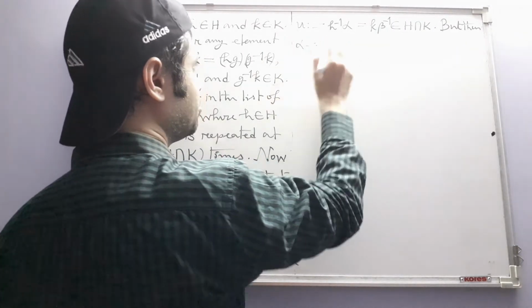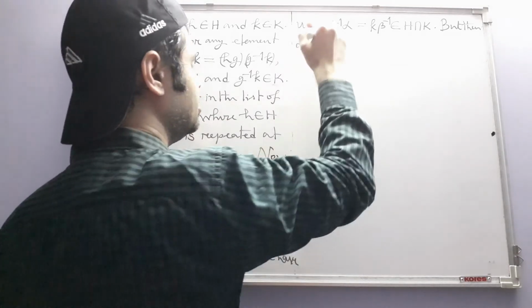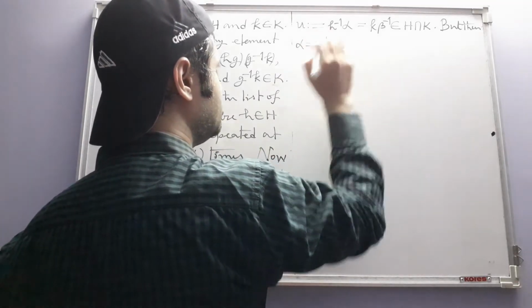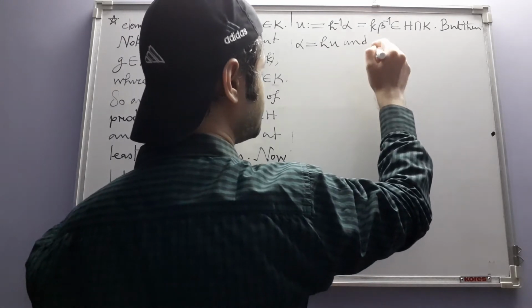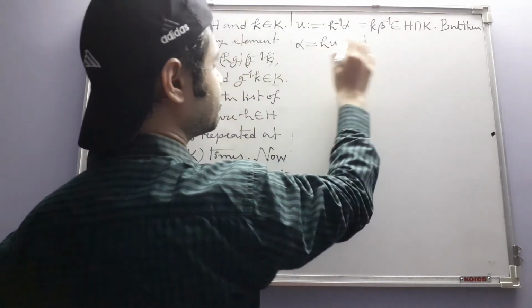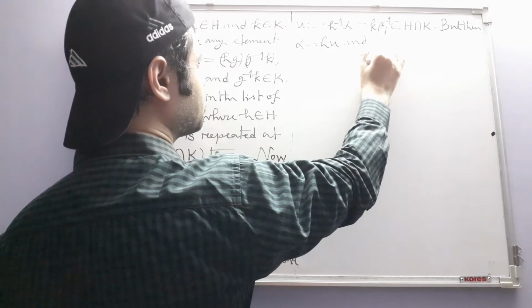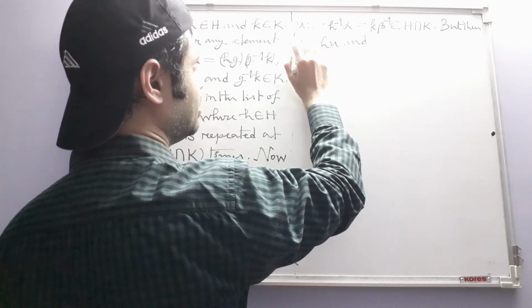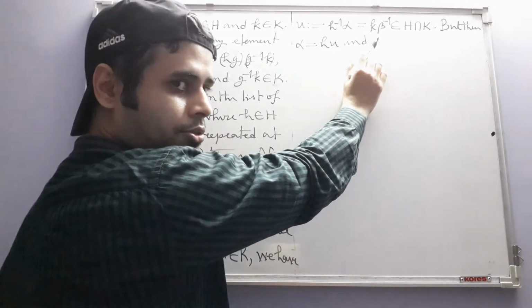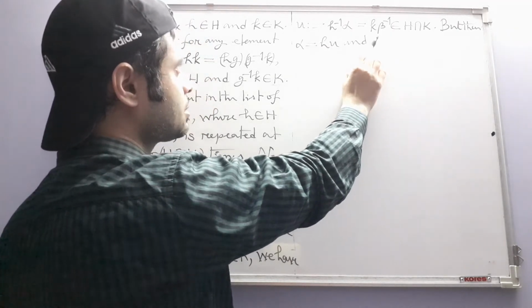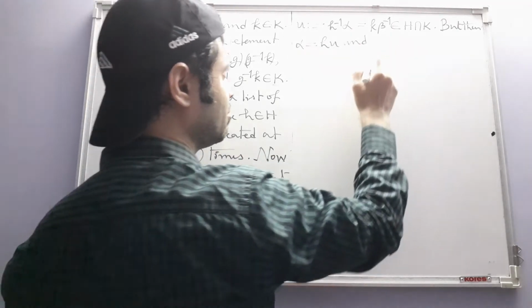Alpha is equal to, pre-multiply both sides by h, you have hu. And what is beta in terms of u and k? You post multiply both sides by beta, you have u beta equal to k, then pre-multiply both sides by u inverse, so you have beta equal to u inverse k.